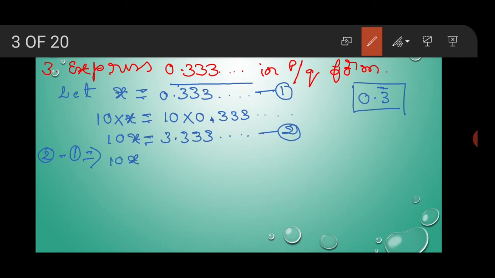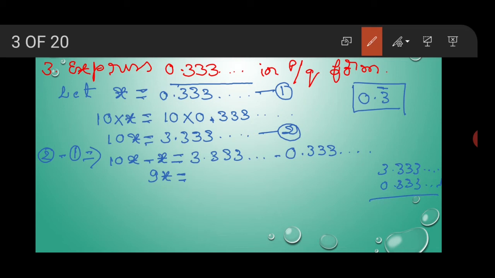Equation 2 is 10x, minus equation 1, which is x, is equal to 3.3333 on and on minus 0.3333 on and on. 10x minus x becomes 9x, equal to 3.333 on and on minus 0.3333 on and on.